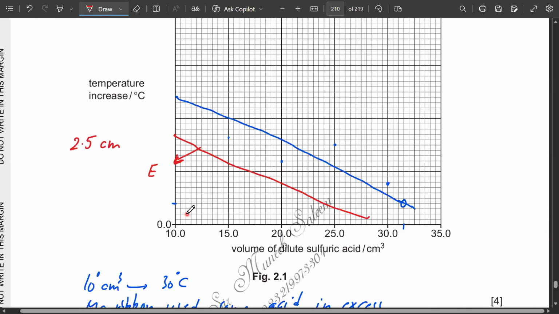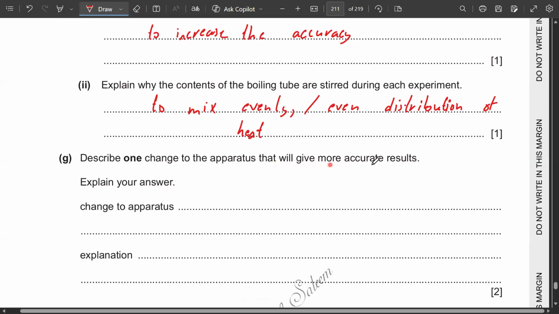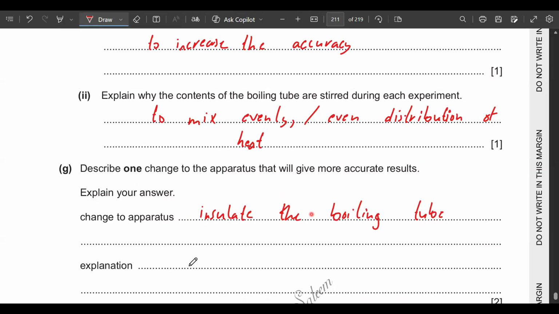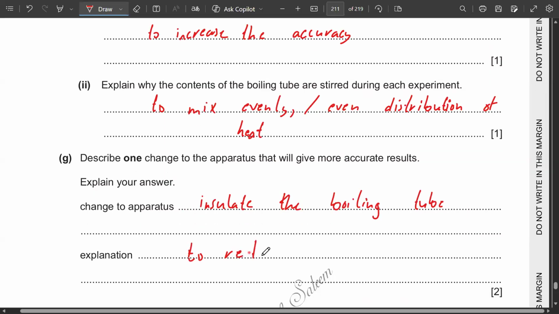How can we prevent that problem here? We can simply insulate the boiling tube. Why? To reduce or lessen the heat loss. That's why we are doing this.